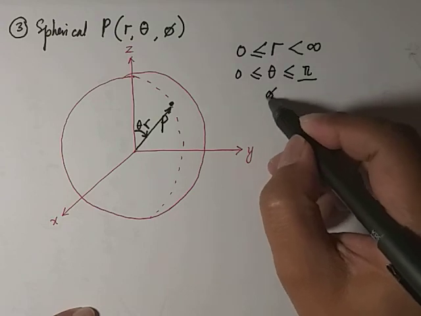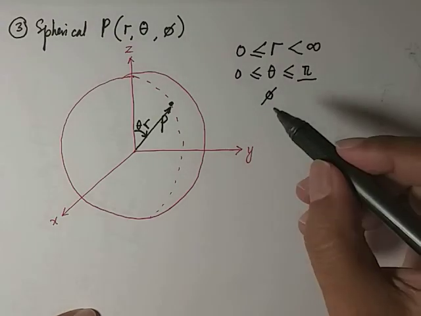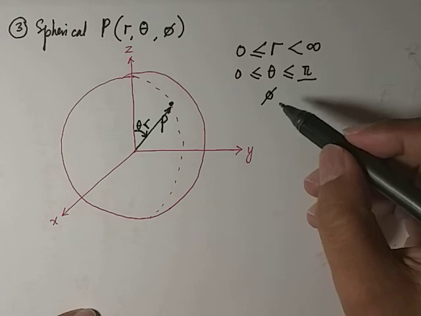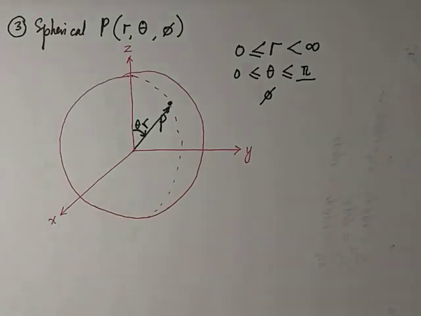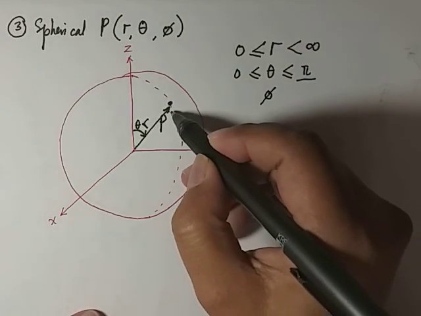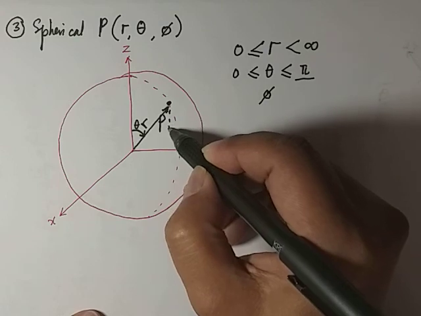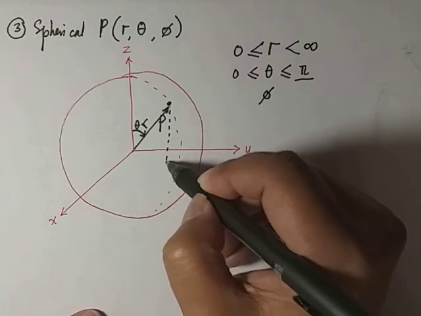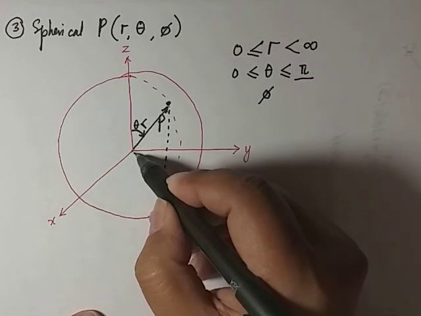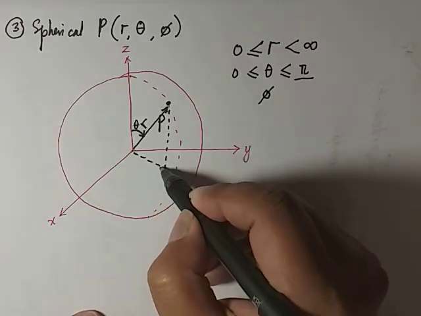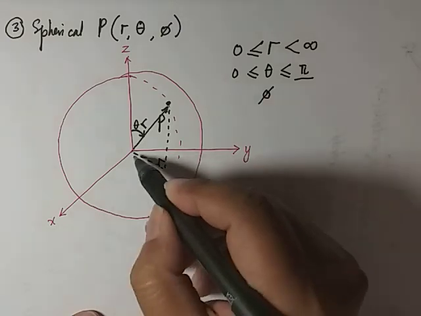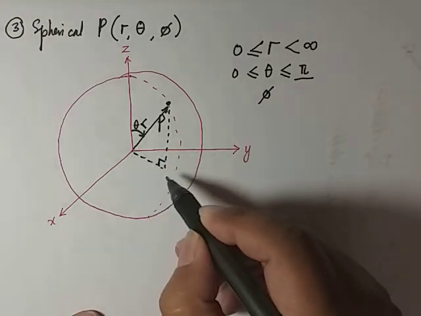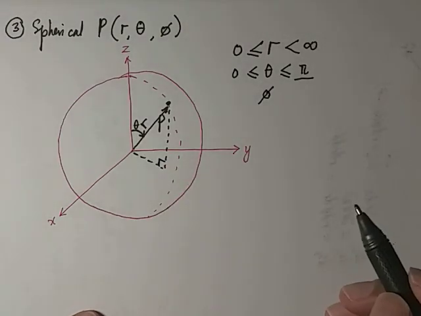So that's by definition. And finally, the phi. Remember, when we defined the phi in cylindrical coordinate, the phi must be measured where? Yes, on the xy plane. Okay, so therefore, the way we define the phi, we must project the radius so that it produces an image located on the xy plane. So that should be angle 90 degrees. So that should be the new image of our radius on the xy plane.